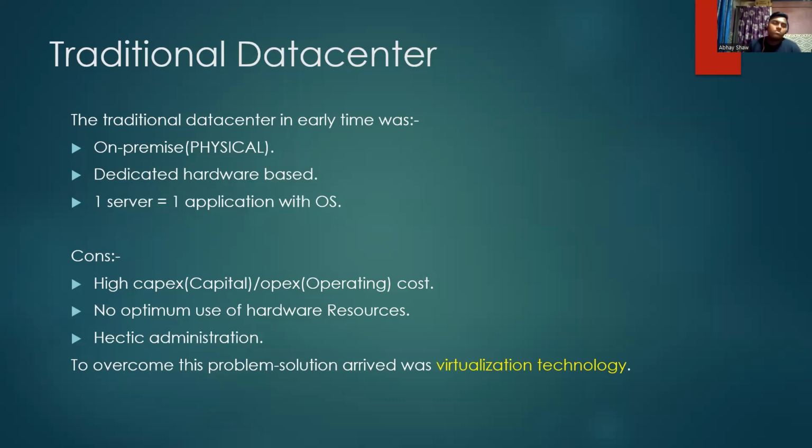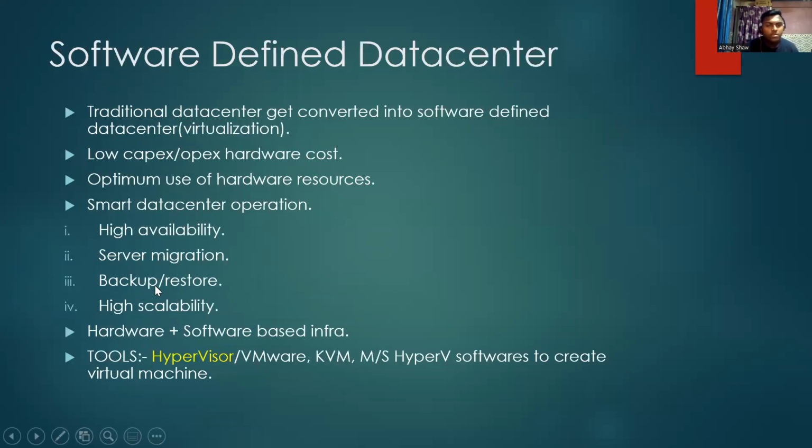So to overcome this traditional data center problem, virtualization technology arrived in the market, called the software defined data center. So traditional data centers get converted into this software defined data center, which is also known as the virtualization method. It reduced the capex and opex hardware cost of the company, and it gives optimum use of hardware resources.